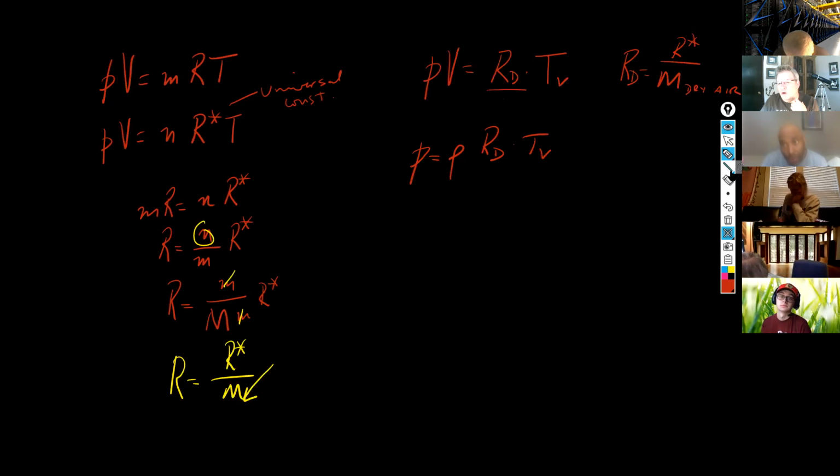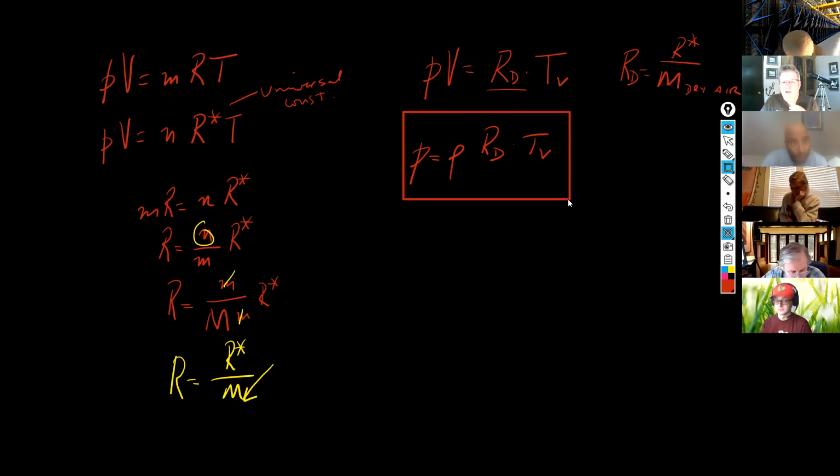So that's the form of the ideal gas law that we want to use most frequently: P equals rho R_d T_v. So these are the ones that are kind of important.